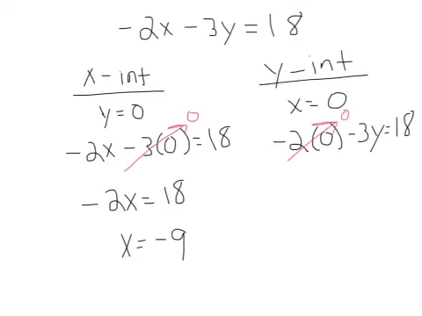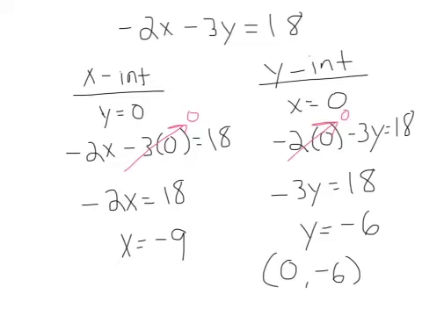And I'm going to have negative 3y equals 18 left over. Now all I say is, well, y equals negative 6. Oh, I also forgot to write my ordered pair, so let's go. We have 0, comma, negative 6 for the y-intercept. And we have negative 9, comma, 0 for the x-intercept.